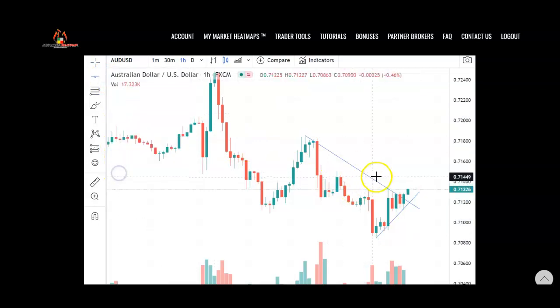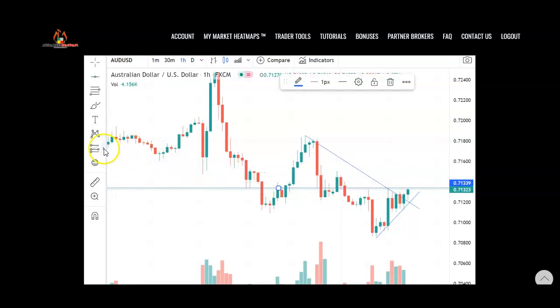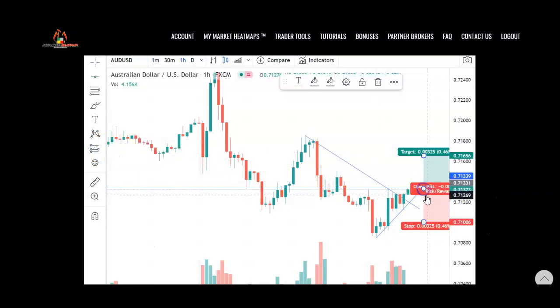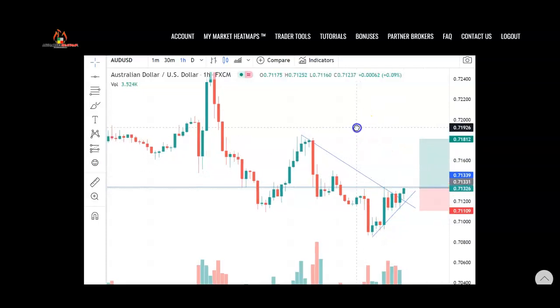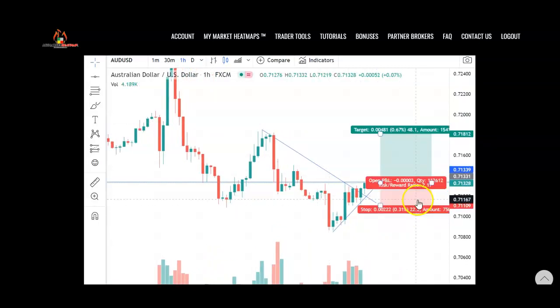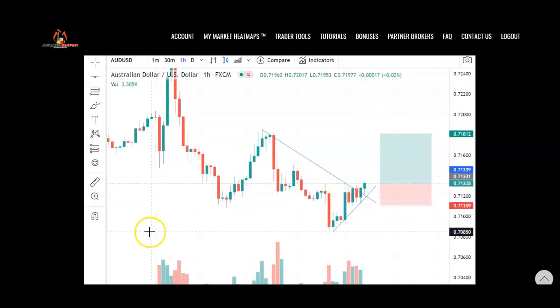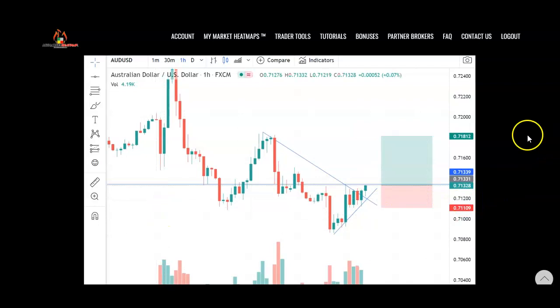Probably be in the clear for higher gains. We could probably see a move back up into, if we were to play on a breakout, maybe stop below this cluster of support, and we look for this old high to be taken out. Then we're looking at a nice little 2-to-1 risk reward ratio for our trade.